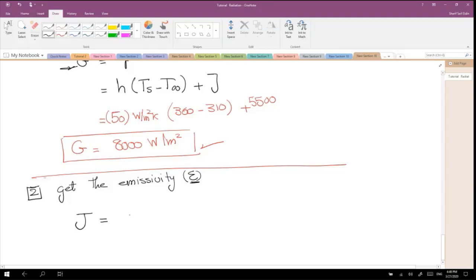J is equal to E plus, as I told you, this is a general case, right? So that plate wasn't an opaque plate. So we have J equal to E emittance, G reflected, and G transmitted.